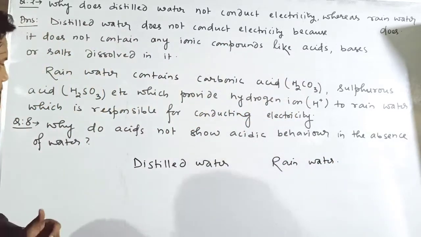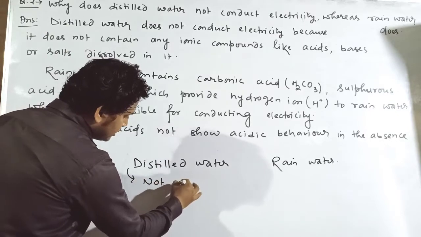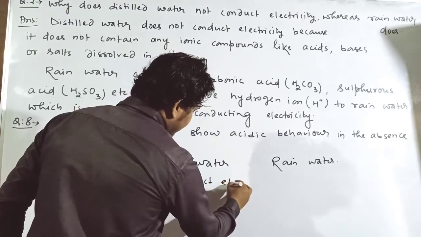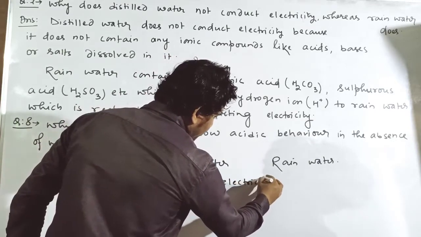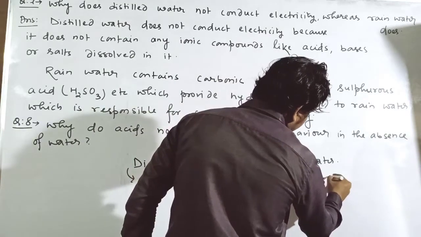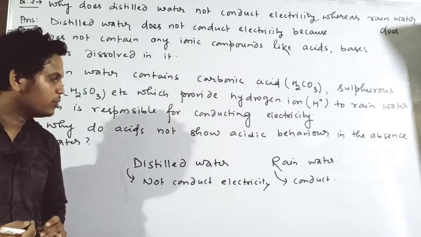Distilled water does not conduct electricity, but rainwater conducts electricity. Why? Both are water.